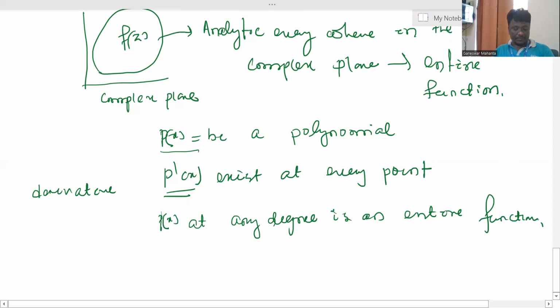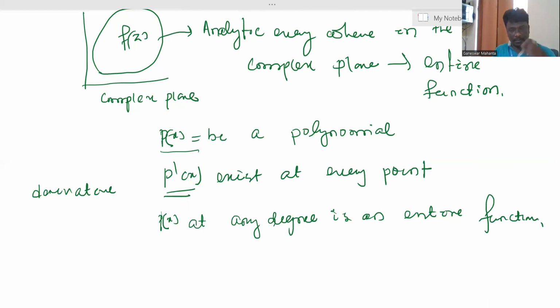A point at which an analytic function ceases to possess a derivative is called a singular point.